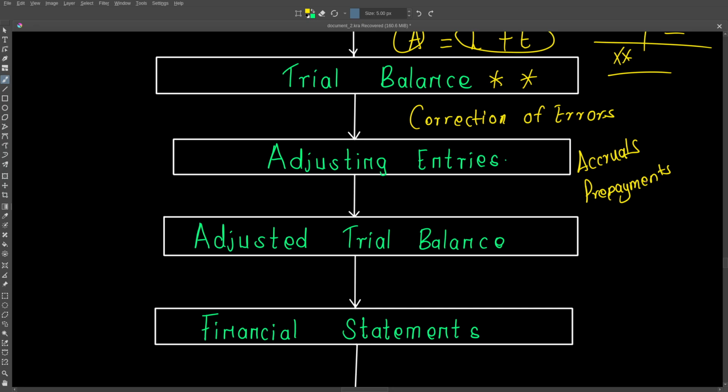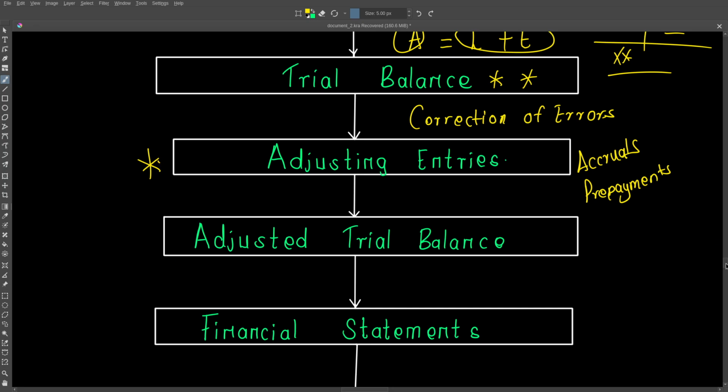These are the period-end adjusting entries that we do. Even the closing stock adjustment, which is basically when we are using a periodic inventory system, so we have to do an adjustment to see the closing stock. This is where we do all those adjusting entries, okay?